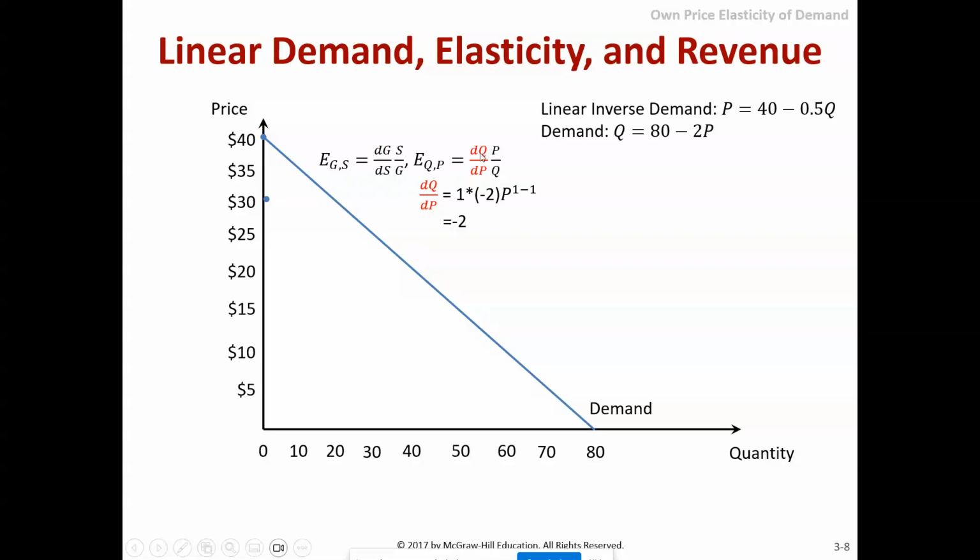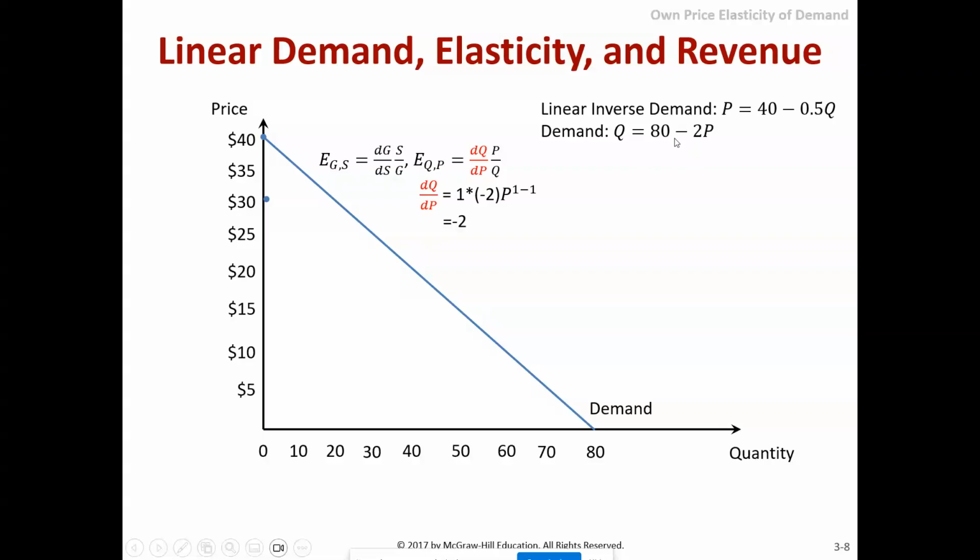And here we want to check how quantity demanded changes in response to the change in price. So we have a two-part formula, and we focus on the first part, taking the derivative of Q with respect to price.